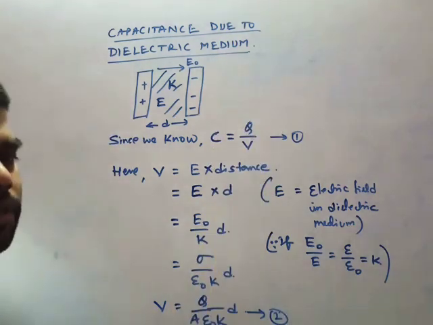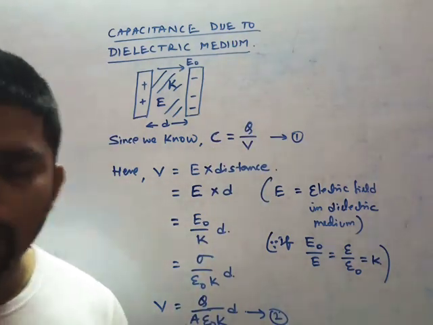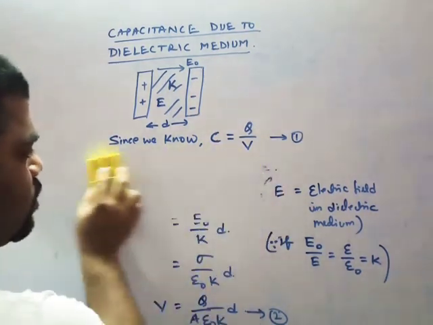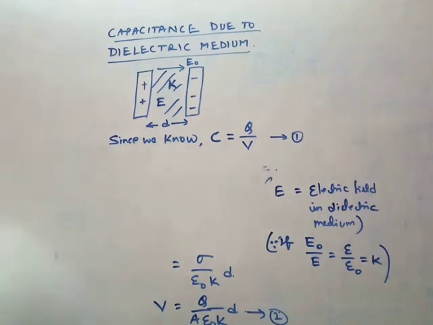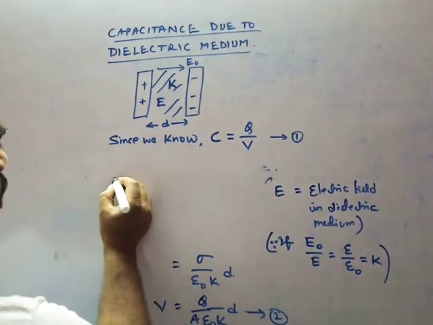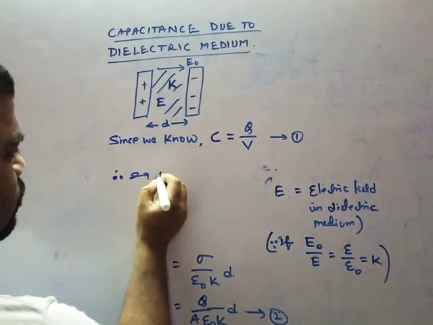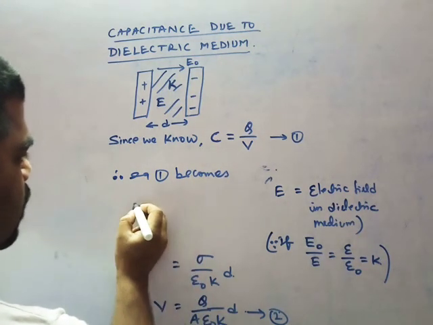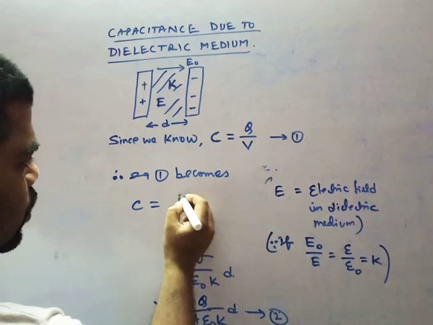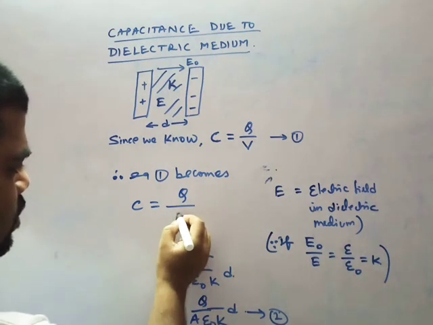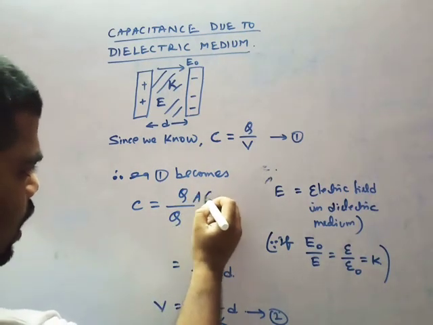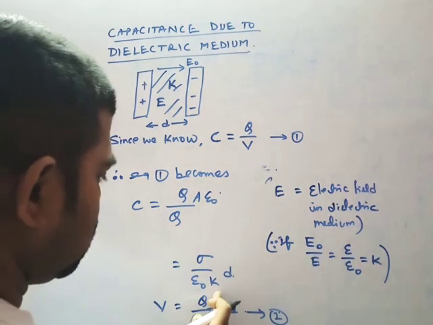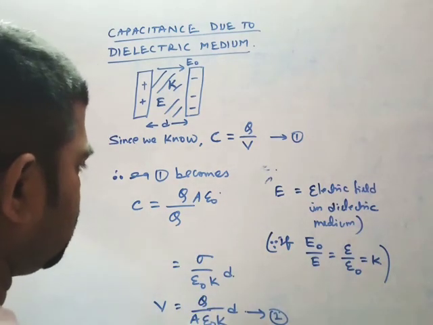Now let me put this value in equation number 1. Equation 1 becomes C is equal to Q by V, where V is Q by A epsilon naught, with K already there.